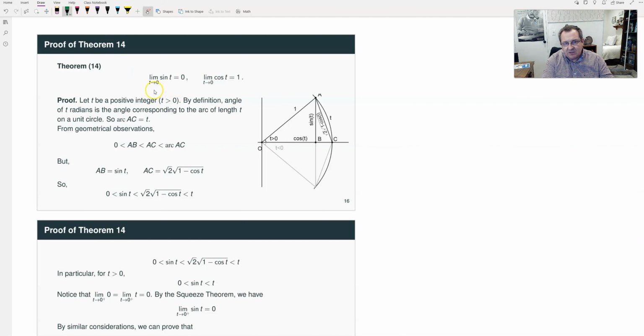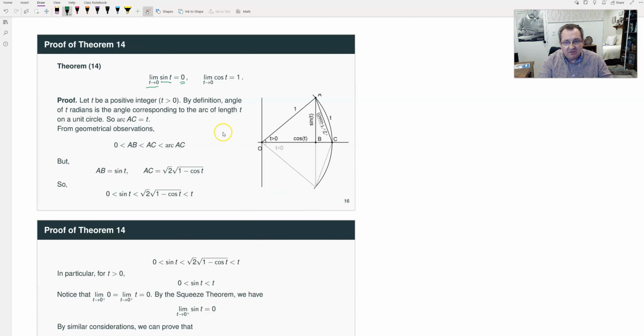We would like to use the squeeze theorem to establish that the limit of sine of t as t approaches 0 equals 0. The difficult part of using the squeeze theorem is to come up with a useful inequality. In the case of this limit, the inequality is obtained from a geometrical consideration.